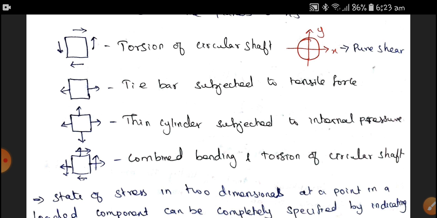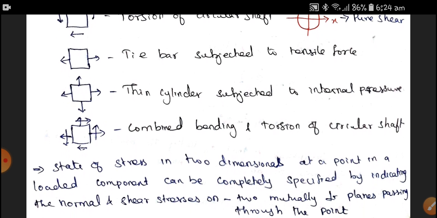Whereas thin cylinders subjected to external pressure are represented by a square with tensile stresses on all sides. Next is a shaft subjected to combined bending and torsion. We can give it as the fourth condition we discussed, a body subjected to both normal stresses as well as shear stress.